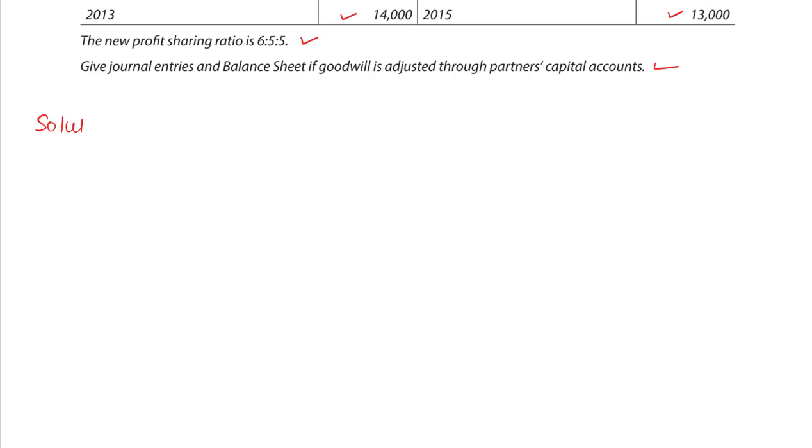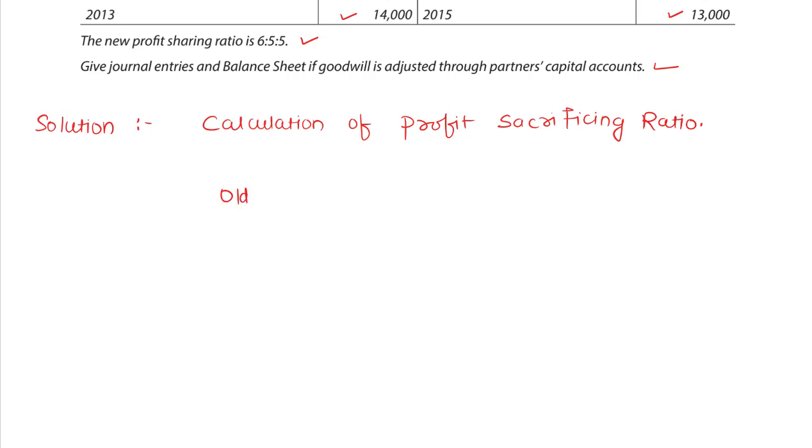Solution. Calculation of profit sacrificing ratio. Old share minus new share equals share sacrificed.